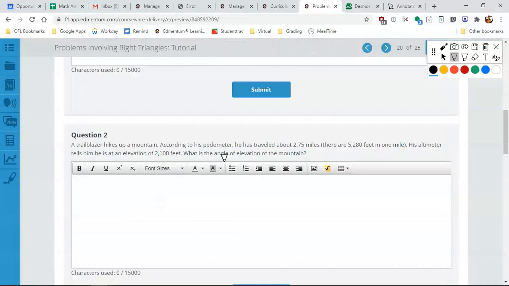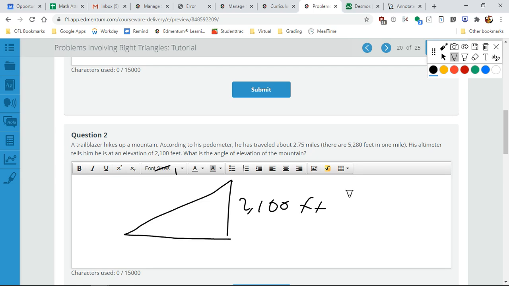The next one: a trailblazer hikes up a mountain. According to the pedometer, he traveled 2.75 miles. His altitude is 2,100 feet. What is the angle of elevation of the mountain? So he's traveling up this mountain.